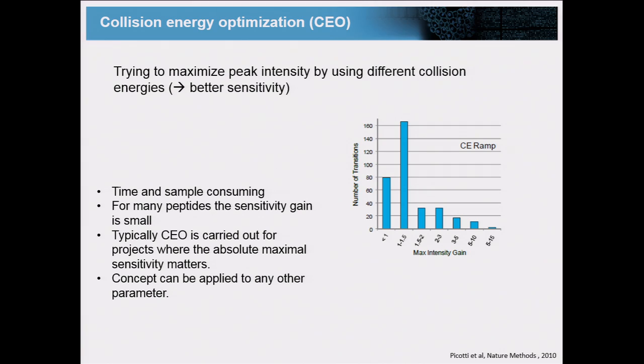As you can see, for the majority of these transitions, it was 1.5 or less. If you are lucky, or very motivated, maybe one of your transitions would fall in this range, and then you actually benefited from this procedure.